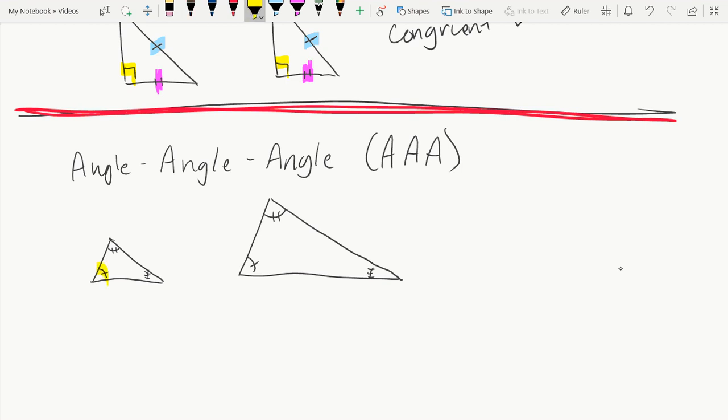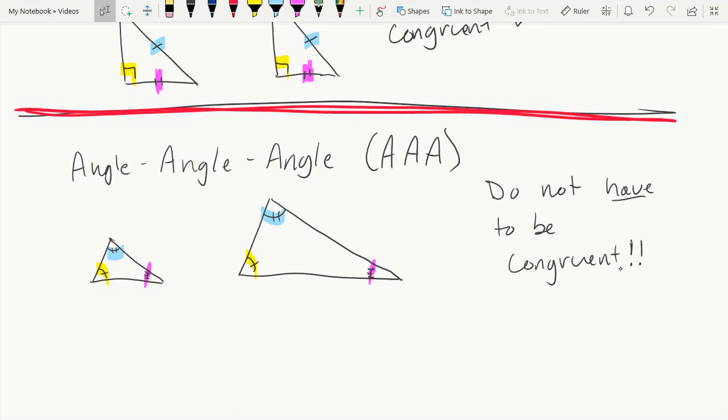Now, here's the real kicker, and here's where they'll try and trick you, is that sometimes angle, angle, angles, they could be congruent triangles, but they don't always have to be congruent triangles. So I'm going to write this in. Do not have to be congruent. It doesn't mean they're not congruent. They still could be, but we don't know for sure unless we also know a side.